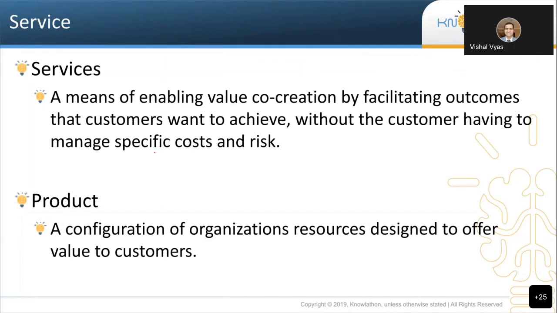You have to continually keep working with the customer to ensure that the value is being co-created. Hence the word value co-creation and not value delivery. You don't deliver the value and walk away. You continuously work with the customer to deliver the value. Make sense?